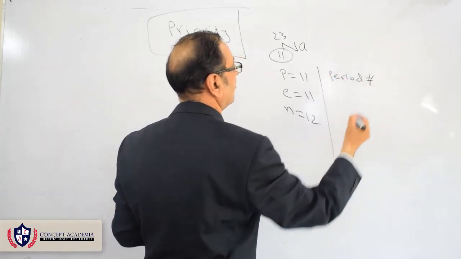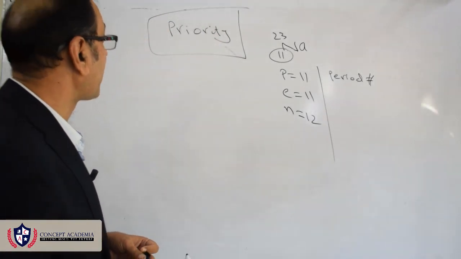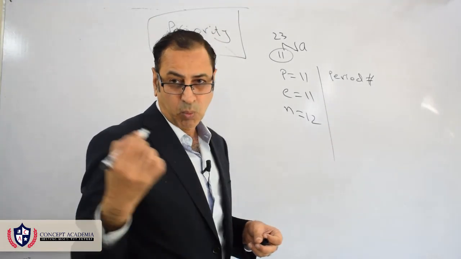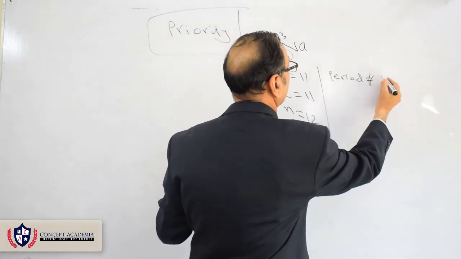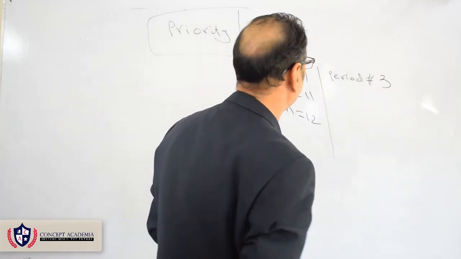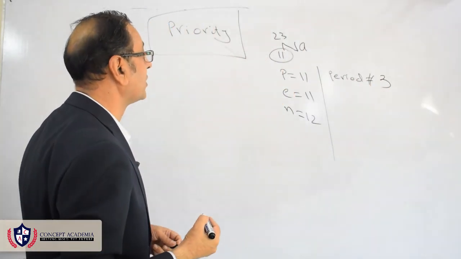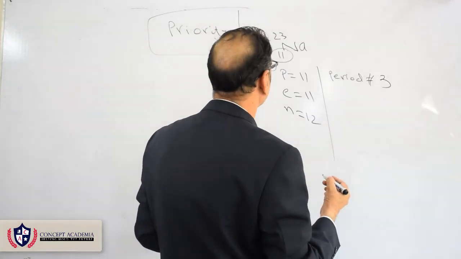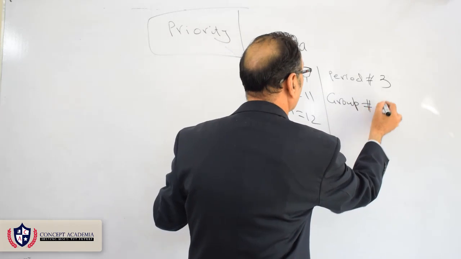you have learnt it, I think, that priority number 1 must be given to the period number. So sodium belongs to period number 3. So there are 3 shells around sodium. Sodium belongs to group number 1.